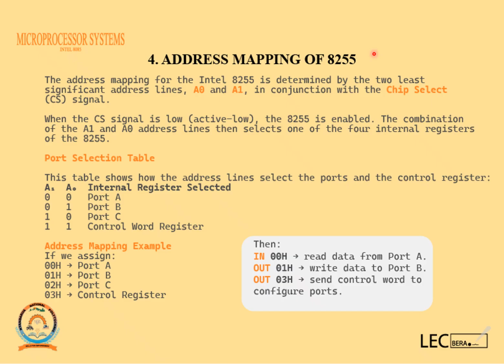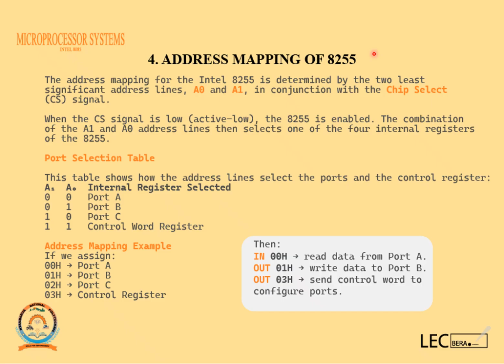The combination of A1 and A0 address lines then selects one of the four internal registers of the 8255. So we select one of the four internal registers using A1 and A0. But remember, before you do that, you have to enable the chip.